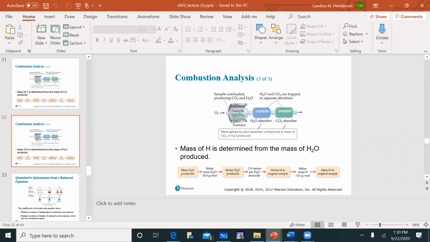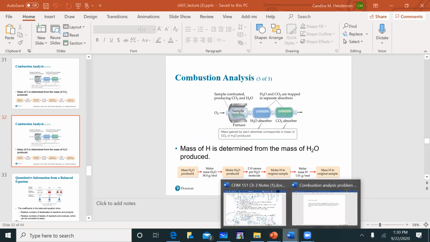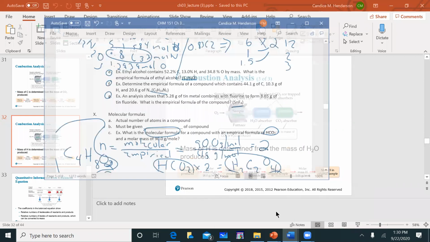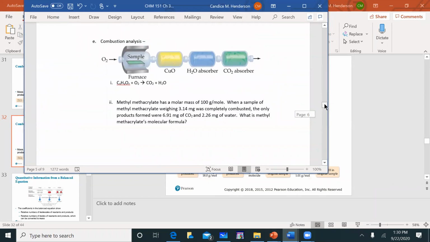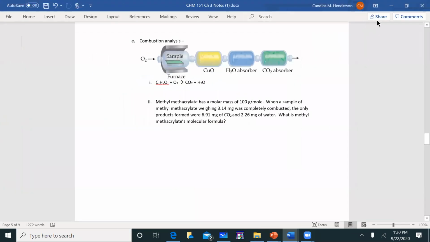We've got 15 minutes, so I think we can get through one of these together. We'll do it together. Okay, so I've got a combustion analysis problem. It will say combustion analysis.